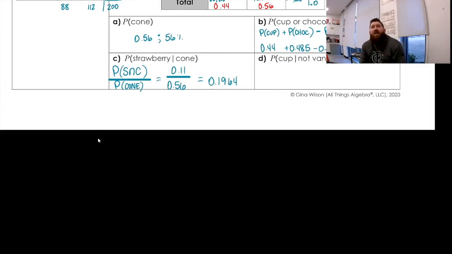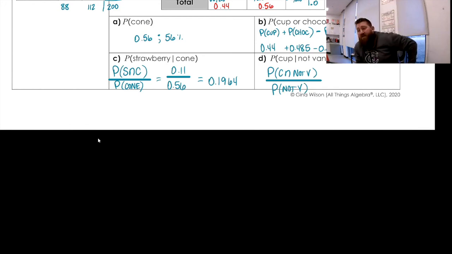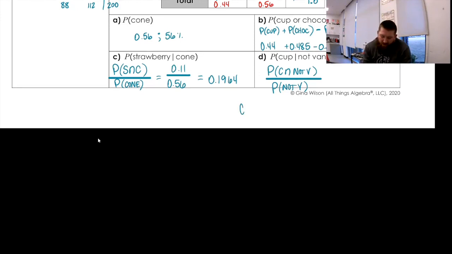Okay. And then cup, not vanilla. So we want the probability of cup and not vanilla divided by the probability that it's not vanilla. Now this makes a little extra. So in our data, 0.265, remember our complement.